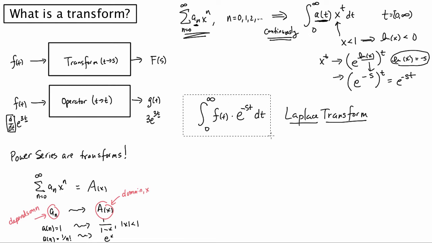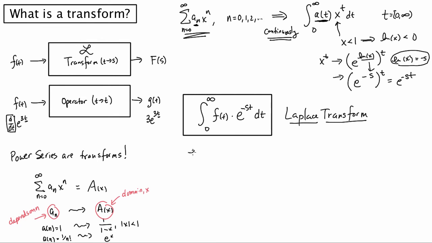Now there's a little bit of notation that we need to go over here. The first bit of notation is that the transform is this script L. That's the Laplace transform. I don't want to call it an operator because it's not an operator, it's a transform, but L is the notation for the transform.